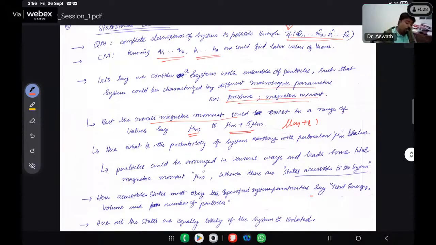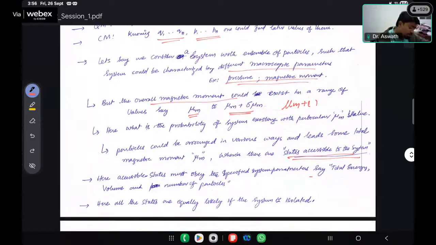Within this range, all the systems would rearrange and have various possible accessible states. That is what I mean. When I take a system, some of them arranged in a certain fashion, some in a different fashion, this will lead to different possible overall magnetic moments.